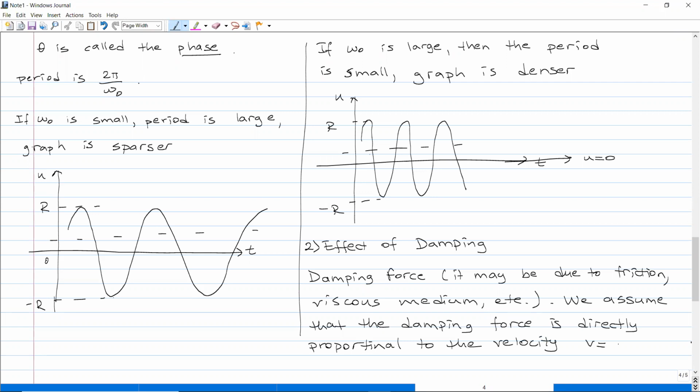Velocity v, but remember, v is the derivative of position with respect to t, so it's u prime. Velocity of the object. And so that means we have some proportionality constant. We call it gamma, proportionality constant.